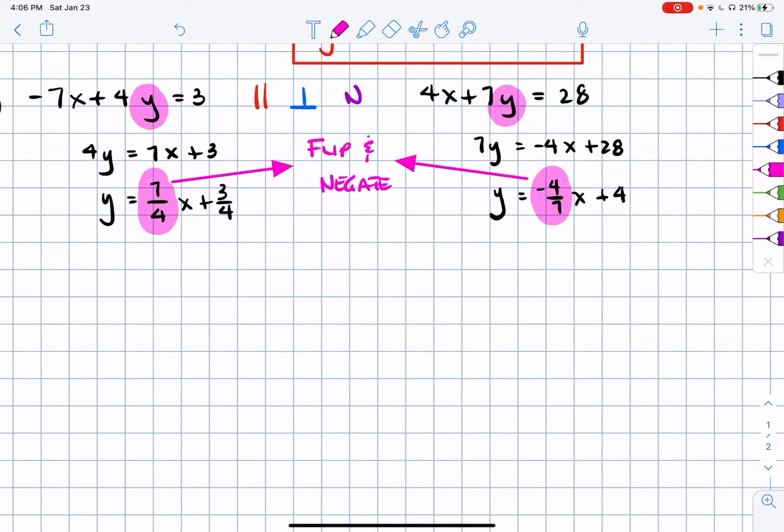So that means I have it as perpendicular. So there goes my answer. All right, there we go.